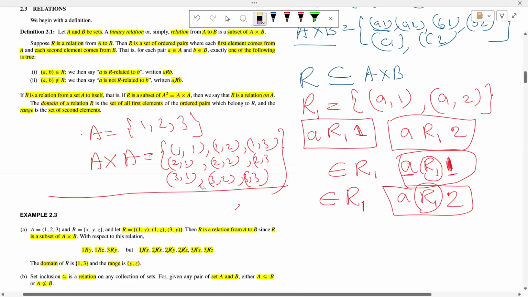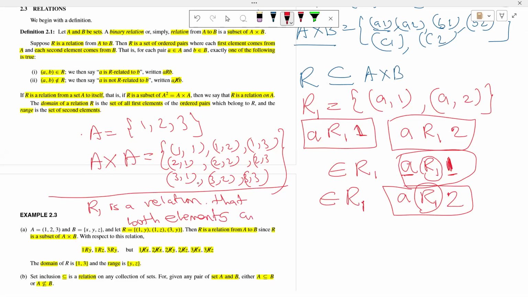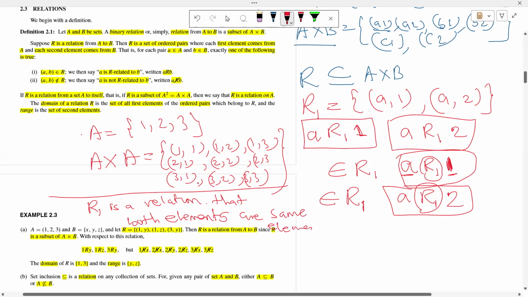Rather than this, I am telling you R1 is a relation where both elements are the same. Can you tell me what pairs the R1 relation contains?